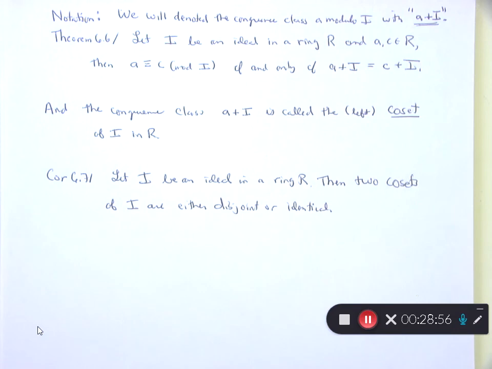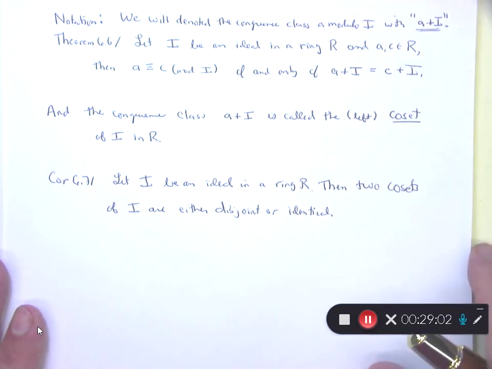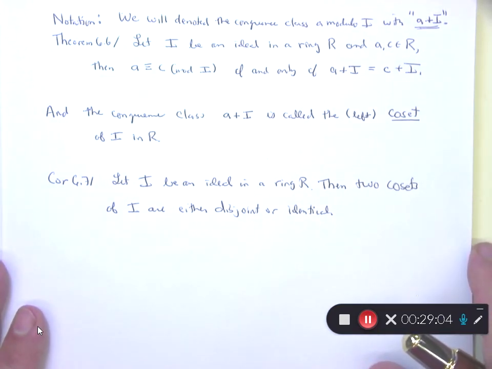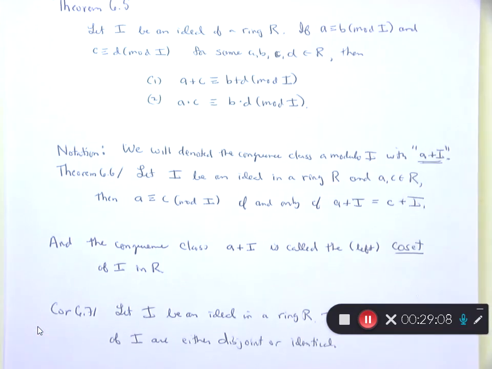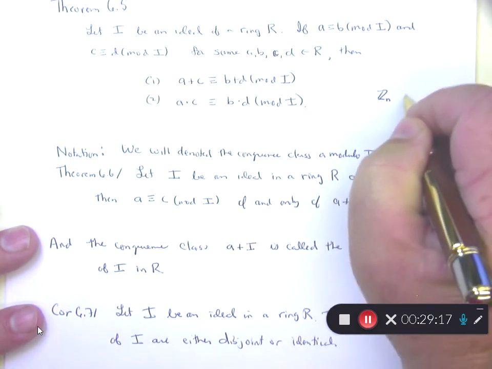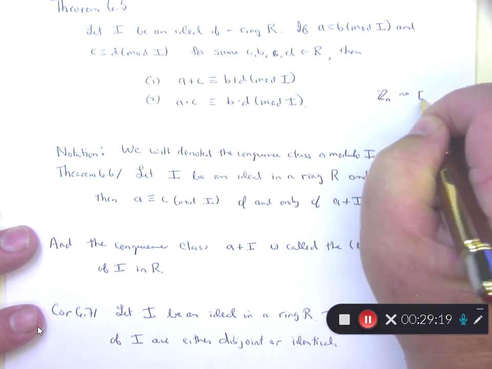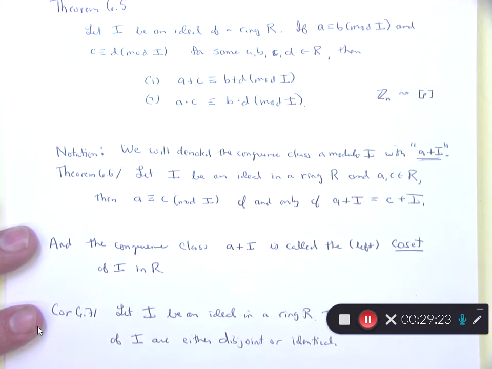They put them into categories, and the categories will be called a plus I, b plus I, c plus I, and so forth and so on. So this is how the elements look. Now, you remember way back when we were doing congruence classes, Z mod n, the congruence classes looked like pointy brackets with some number in there, like a p or something like that.